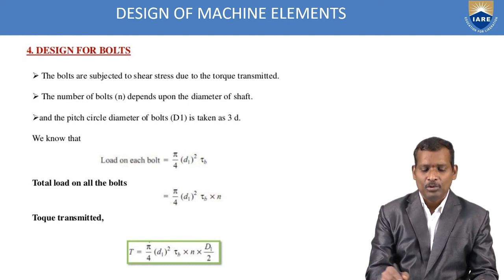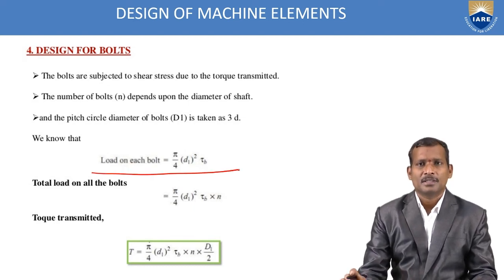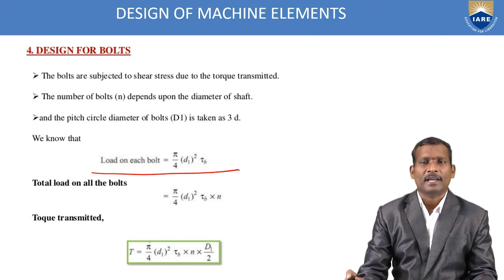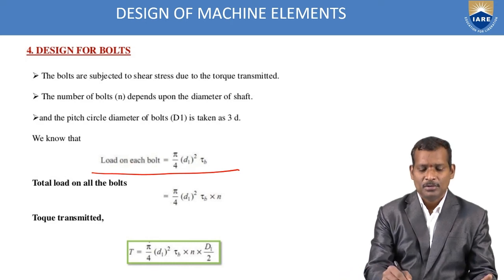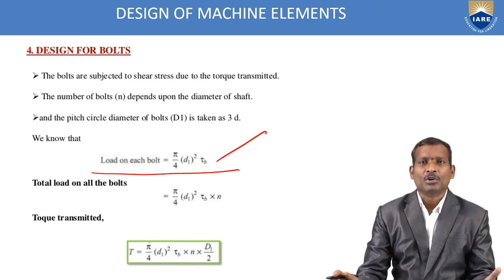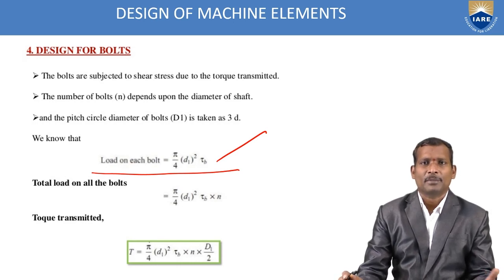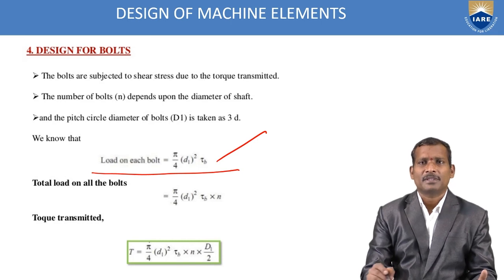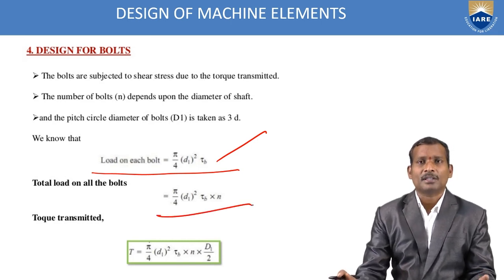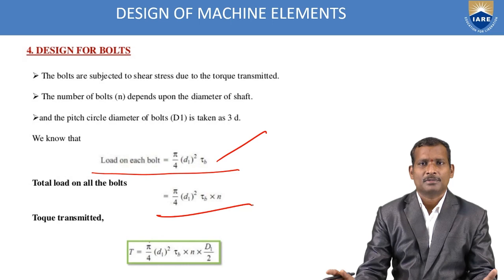We know that the load on each bolt is equal to area into stress. How do you calculate area? Pi by 4 into D1 square into tau B. What is the total load on all the bolts? If n number of bolts are there, then multiply with n. Suppose the number of bolts is 4 or 6, multiply with 6, and you will get the total load on all the bolts.